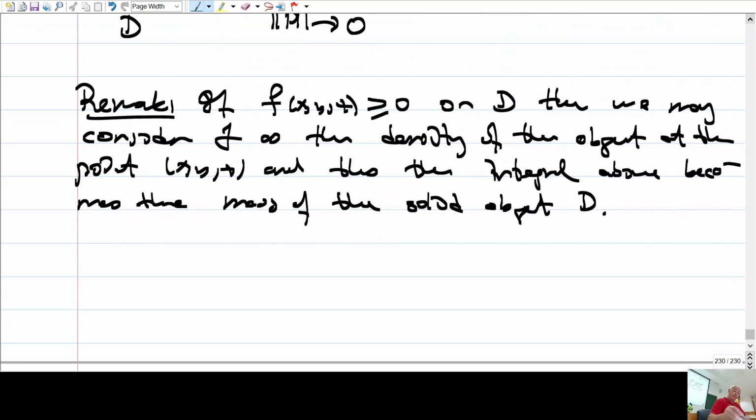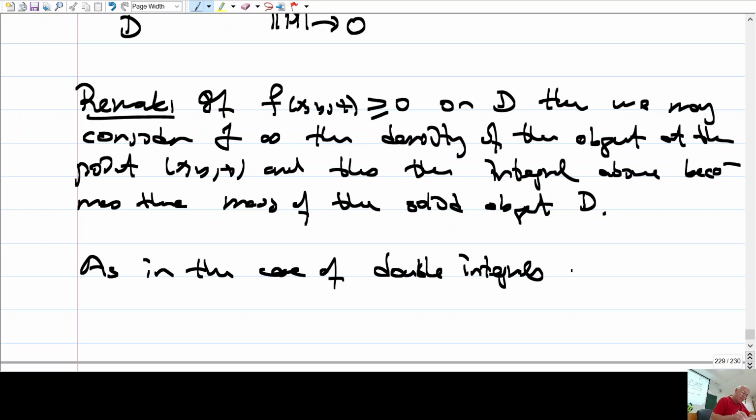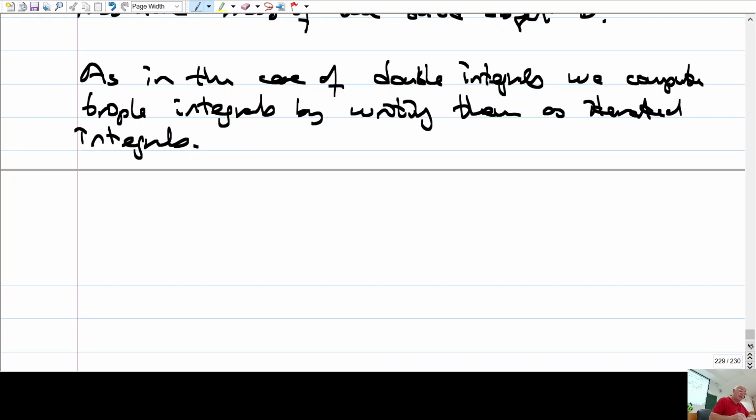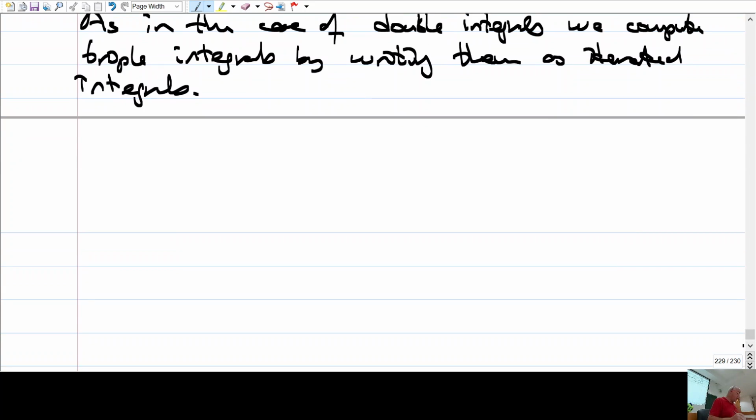Again, as in the case of double integrals, we compute triple integrals by writing them as iterated integrals. We do the same when computing double integrals. Let's do an example.